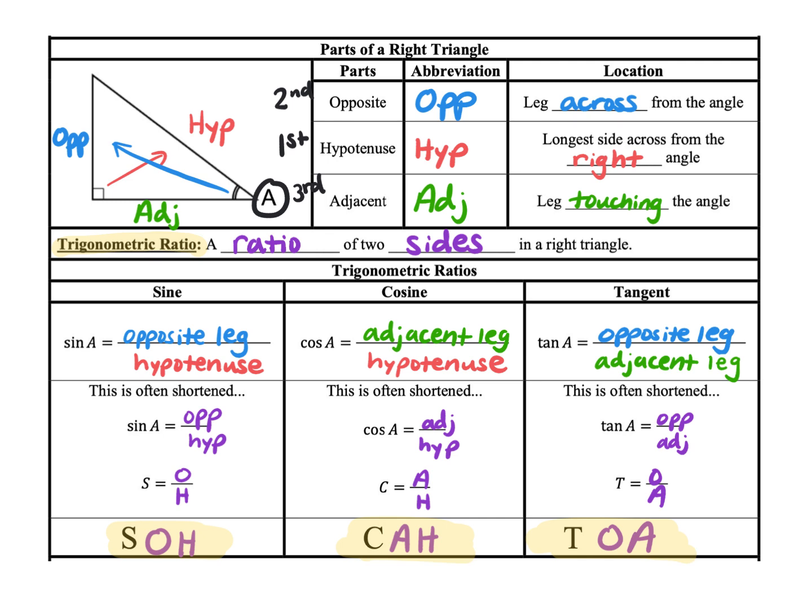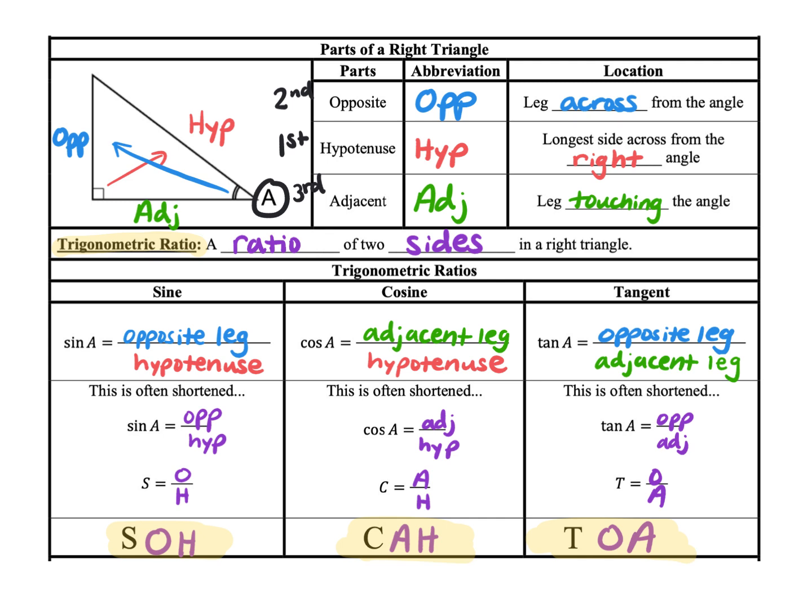The 3 ratios are sine, cosine, and tangent. Sine is defined as the ratio of the opposite leg over the hypotenuse. Cosine is the ratio of the adjacent leg over the hypotenuse. And tangent is the ratio of the opposite leg over the adjacent leg. The way to remember these is with the acronym SOHCAHTOA.